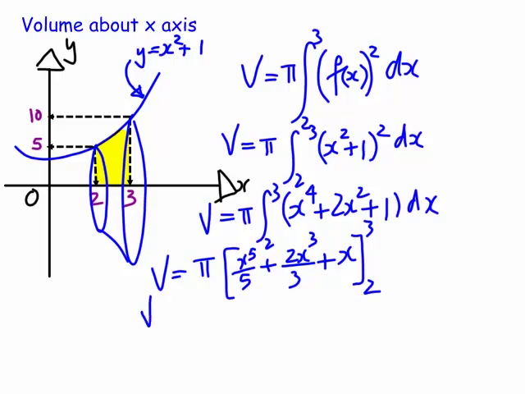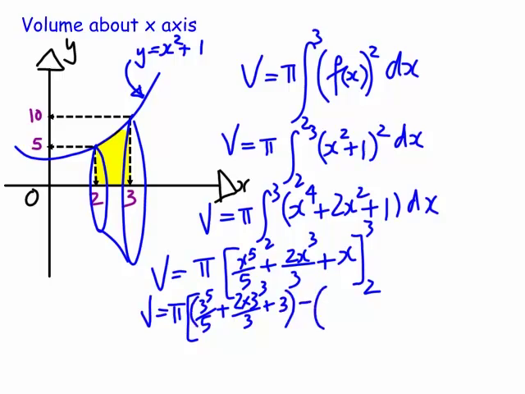So the volume is pi times: 3 to the power 5 on 5 plus 2 times 3 cubed on 3 plus 3. That's feeding the 3 in.